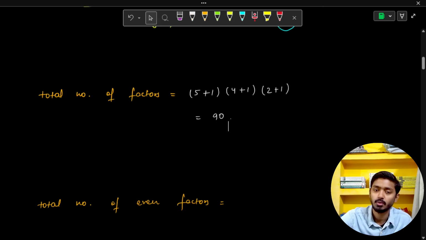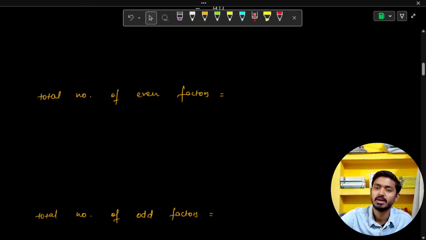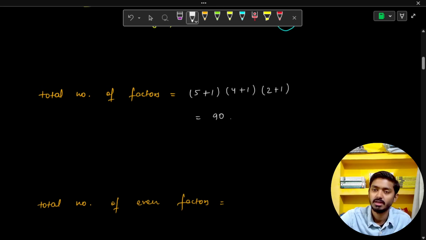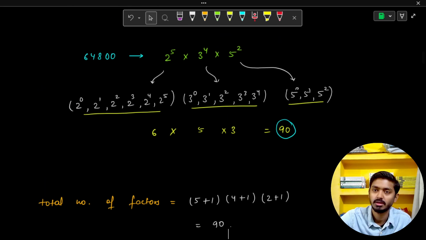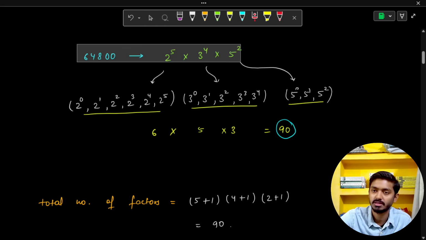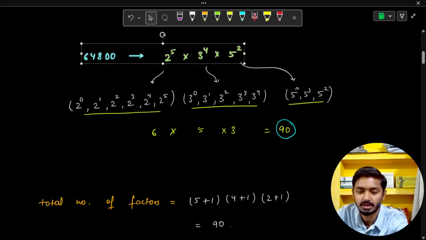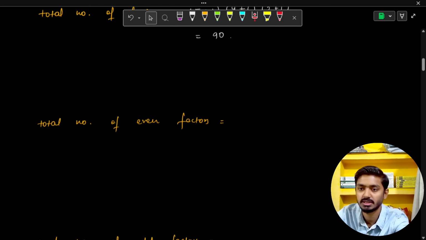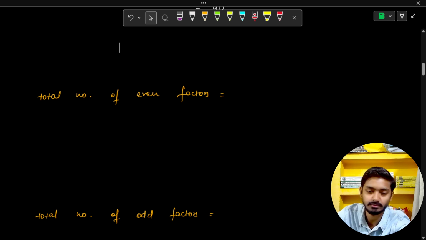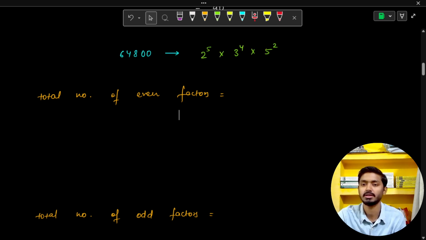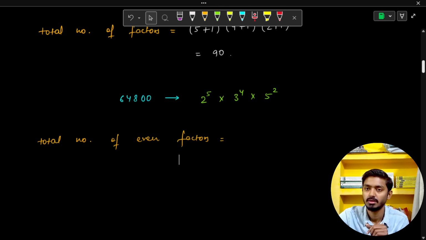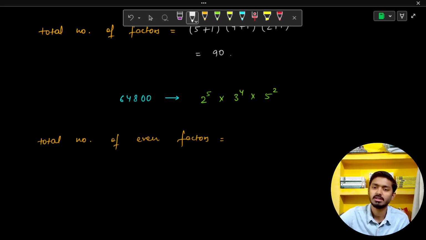Now, the question arises, what if they would have asked us to find the total number of even factors? Let me copy this so that I can paste it anywhere. Alright. What if they would have asked us to find the total number of even factors?